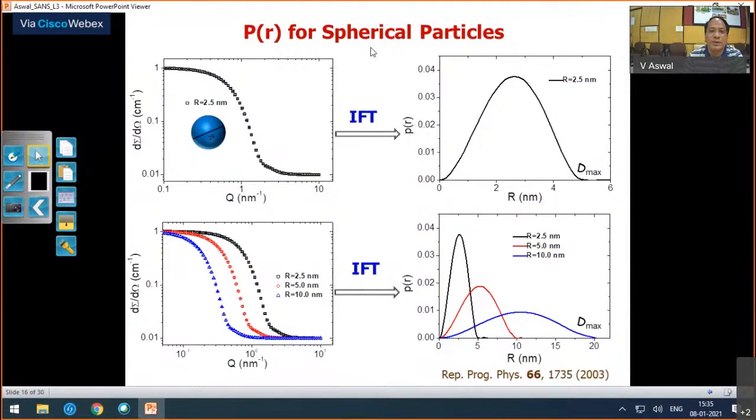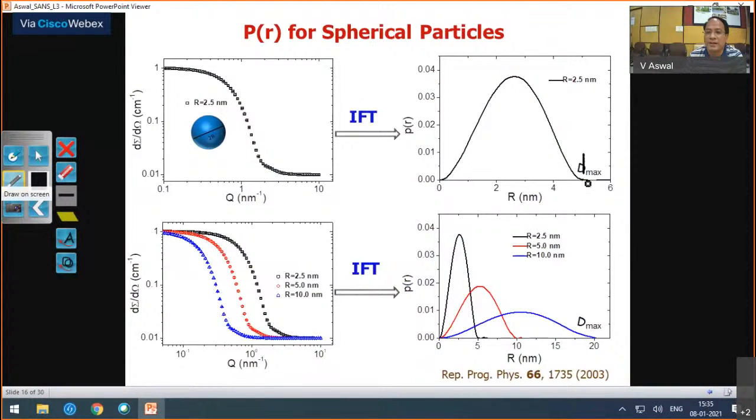So this slide shows P of R for spherical particles. As I said, in this case this will be symmetric, and also the maximum extent here is the diameter of the particle. So this is 2.5 nanometers, so it goes up to 5 nanometer. And then when you have different sizes of the particle, your radius is changed from 2.5 to 10 nanometers.